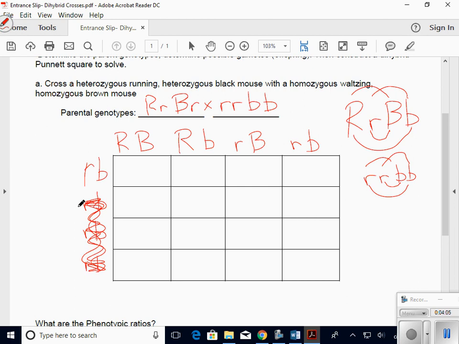So when I make my Punnett square now, I'm only going to fill up the top row of boxes.